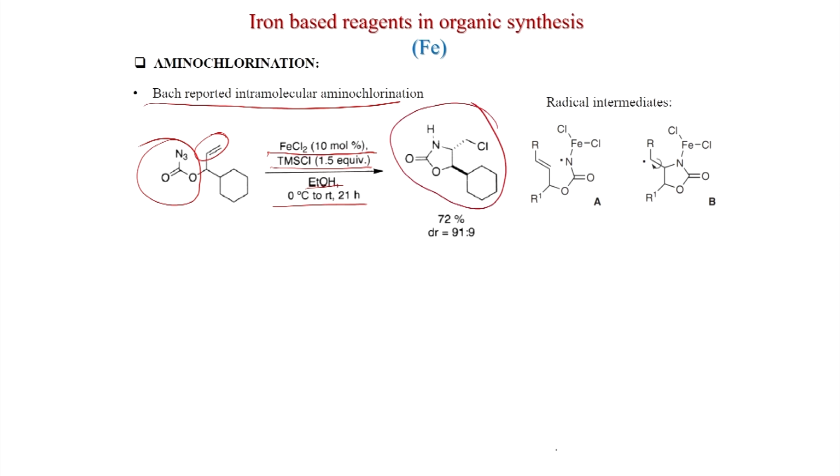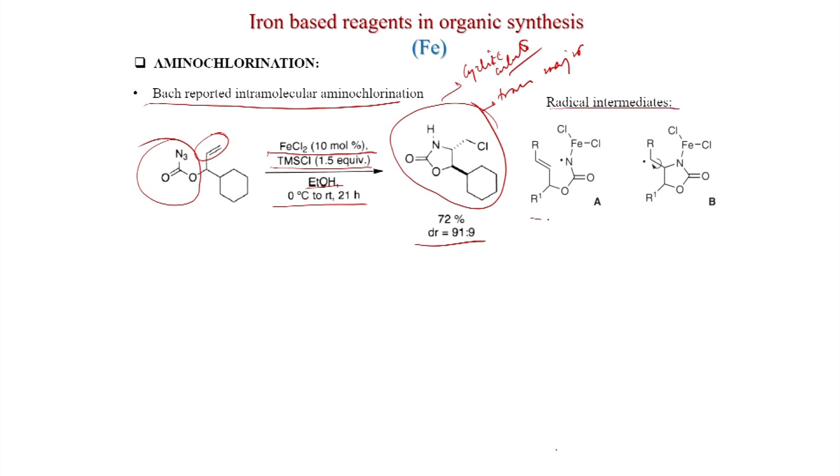So, a cyclic carbamate is formed, and there are two stereocenters you can see. The major is trans, in a 91:9 ratio.